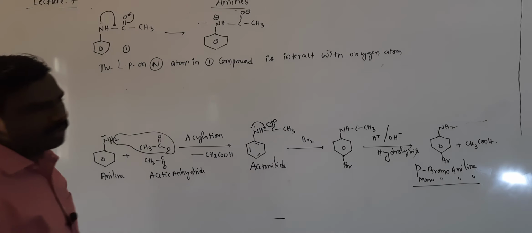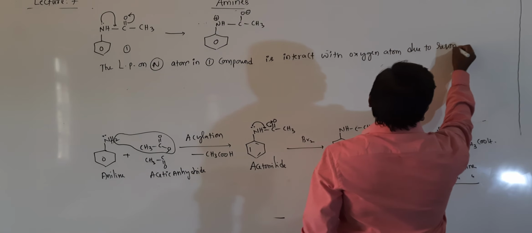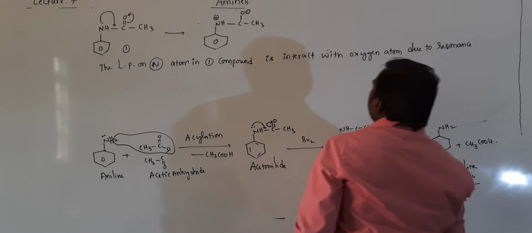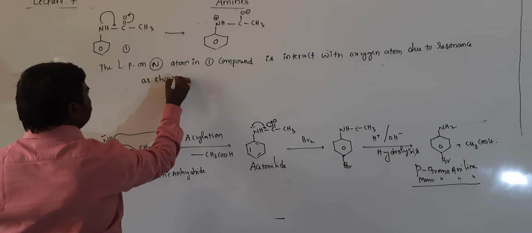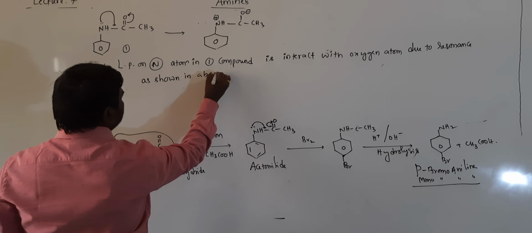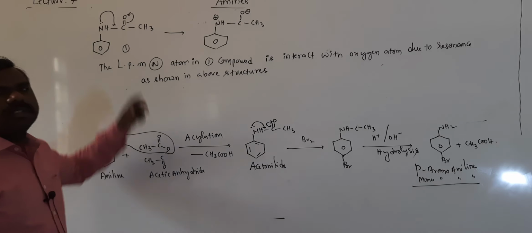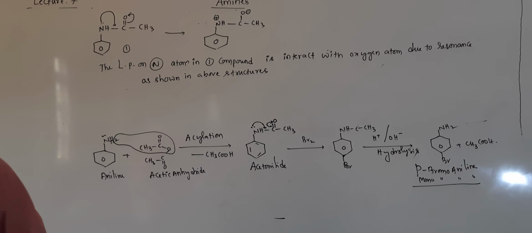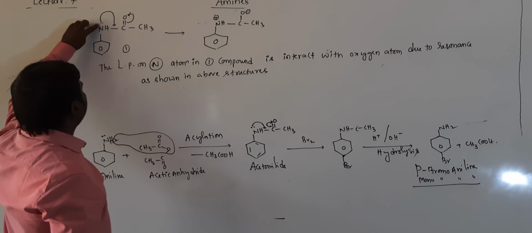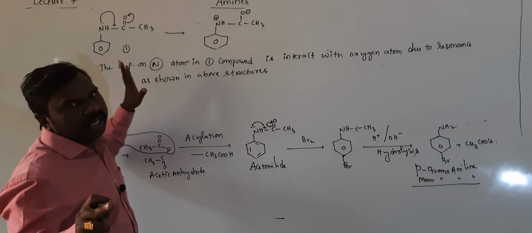Due to resonance, as shown in the above structures, the lone pair of electrons on the nitrogen atom is less available. Here this pair of electrons is donated to oxygen but not to the ring, then the ring is not activated.